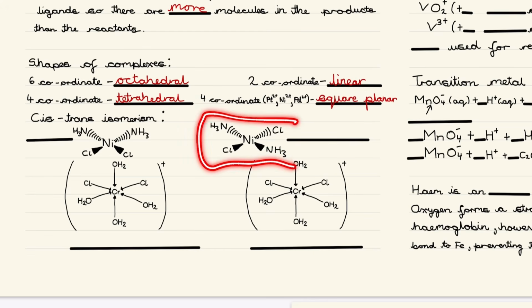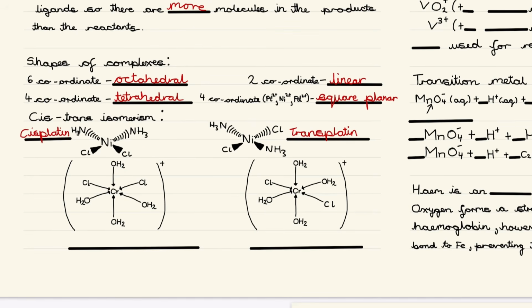Now for this molecule here, we can see that the atoms are opposite each other, so it's going to be transplatin. Whereas on this molecule here, the atoms are on the same side, so it's going to be cisplatin. So in this case, the chlorines are 180 degrees away from each other, so that's going to be trans.